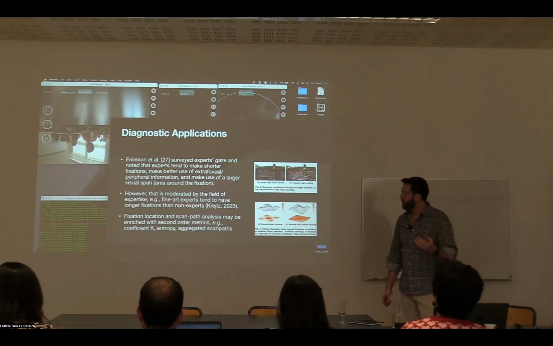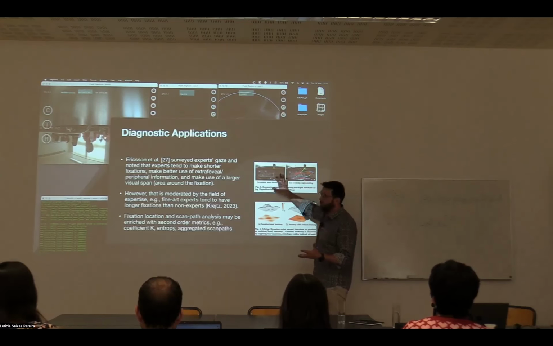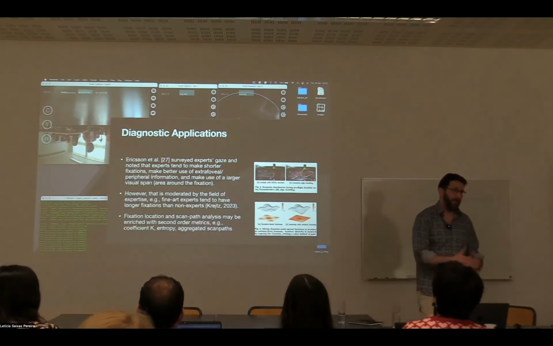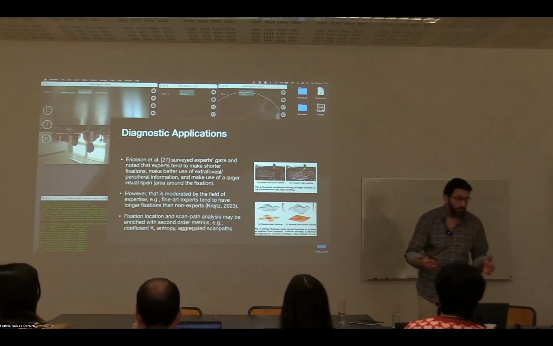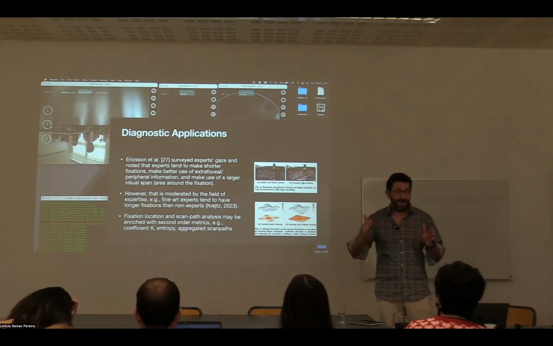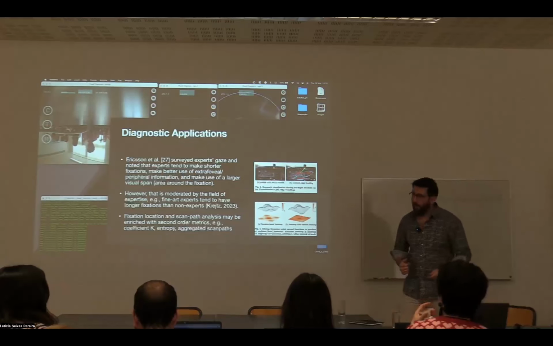right? For example, the big field is comparison of experts and non-experts. They tend to have very different eye movements. And it includes the pupil size and the scan paths, so the sequences of fixations and saccades.